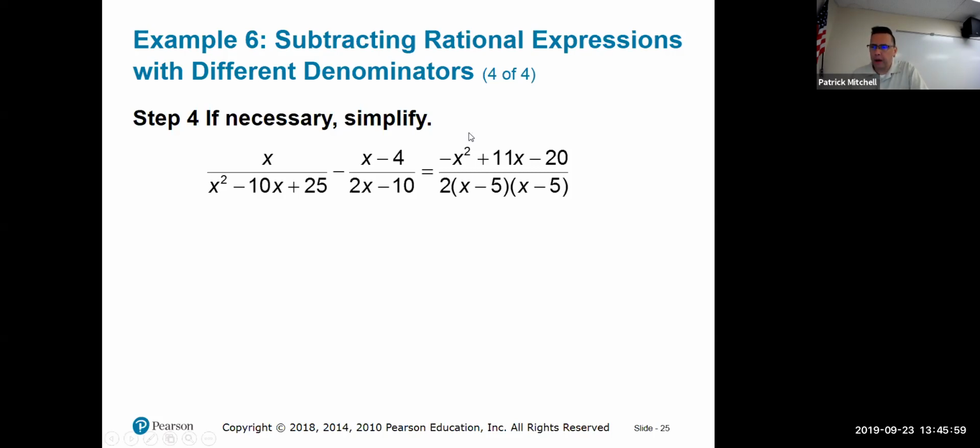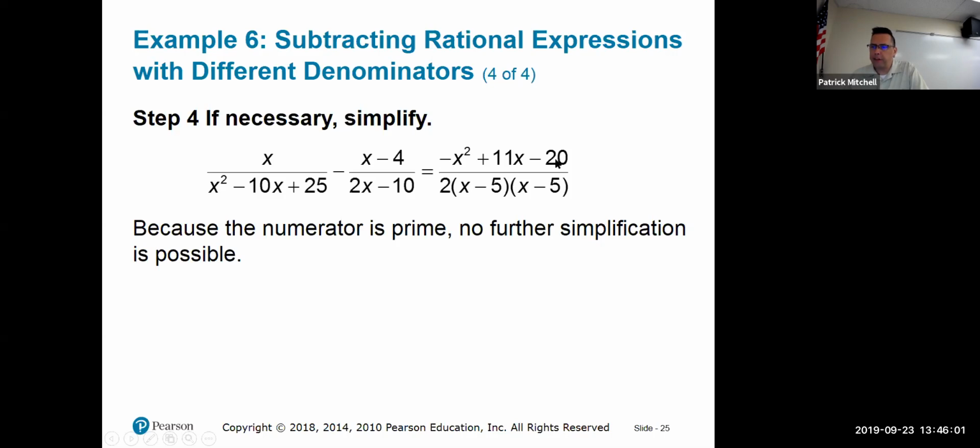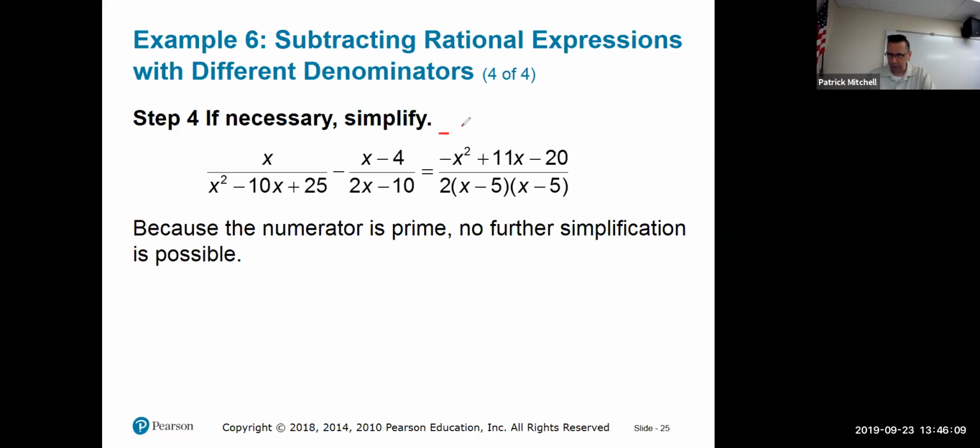It turns out, though, that this numerator is prime. There is no way to factor that. Easiest way to see that is first factor out a negative 1. You factor out a negative 1, it leaves you with inside x squared minus 11x plus 20.